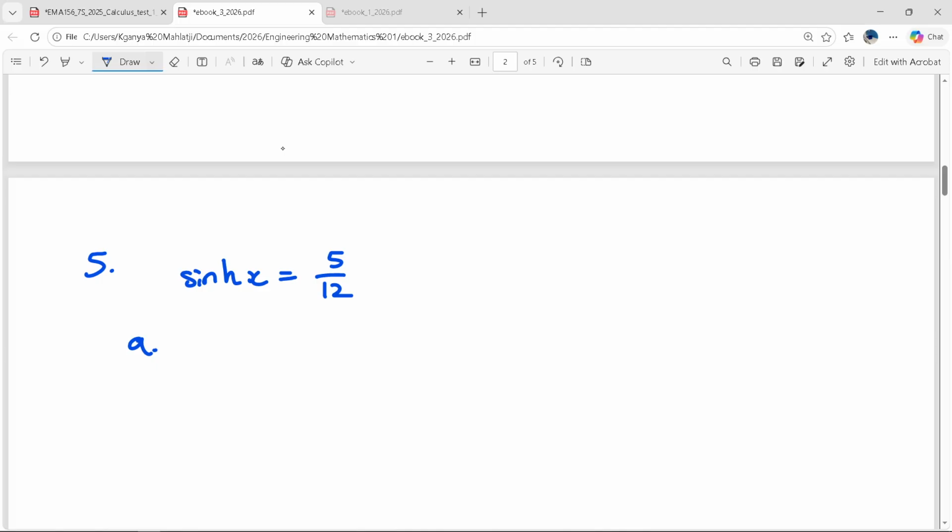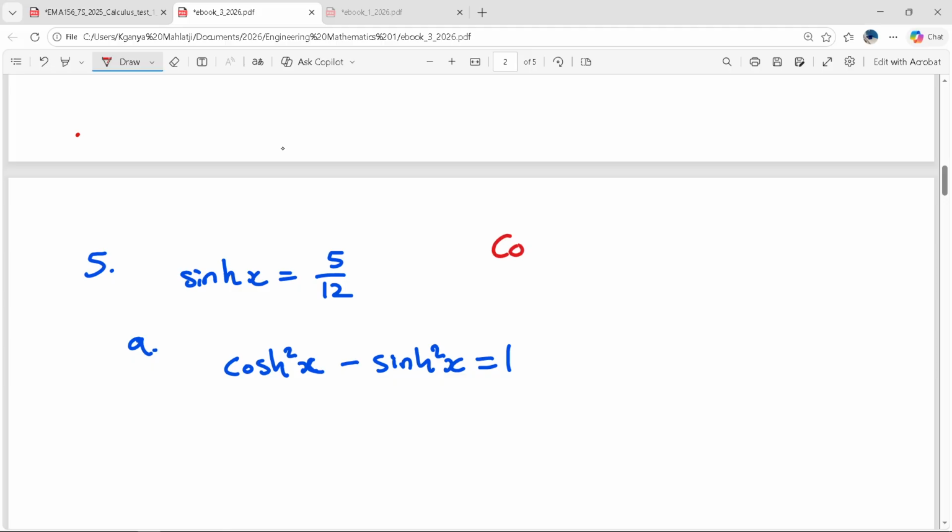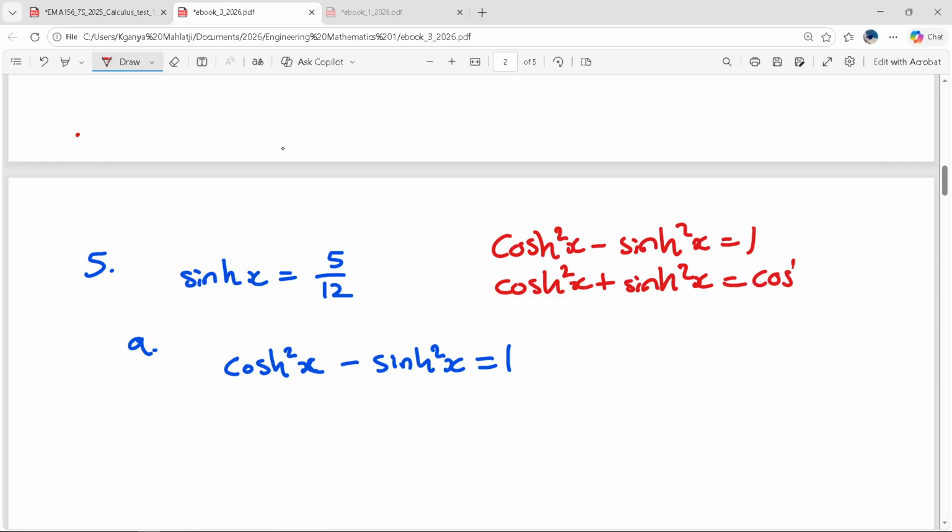We know that when we use hyperbolic identities, cosh squared x minus sinh squared x equals 1. Cosh squared x plus sinh squared x equals cosh 2x.